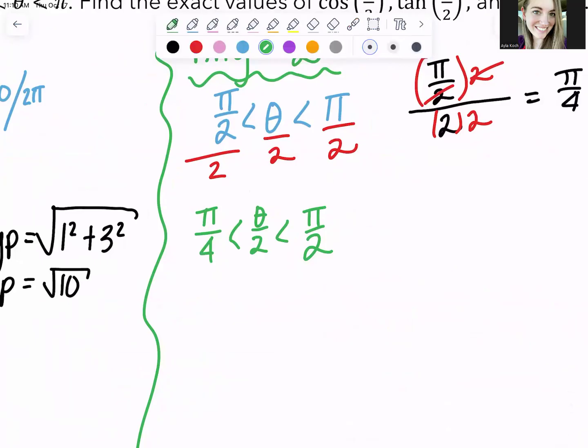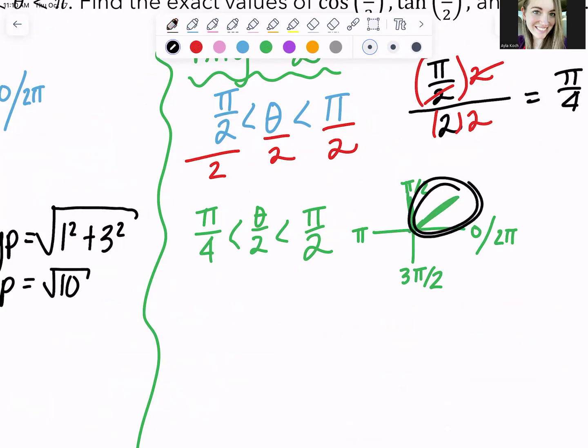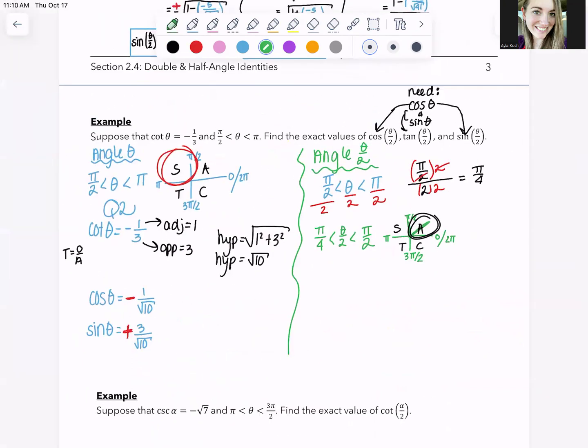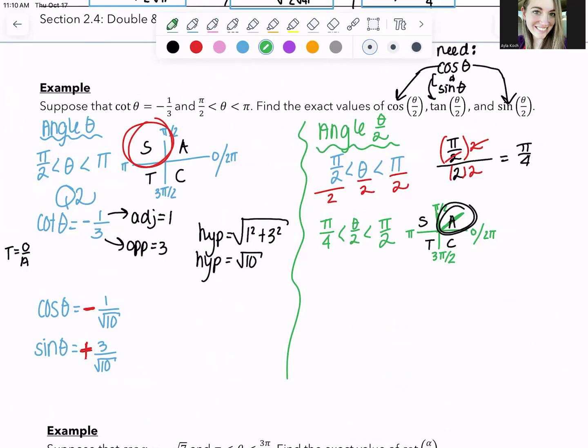So this is 0, pi over 2, pi, 3 pi over 2, 2 pi. Pi over 4 is right here. Pi over 2 is here. That means we are in quadrant 1. All students take calculus. So theta over 2 is in quadrant 1.